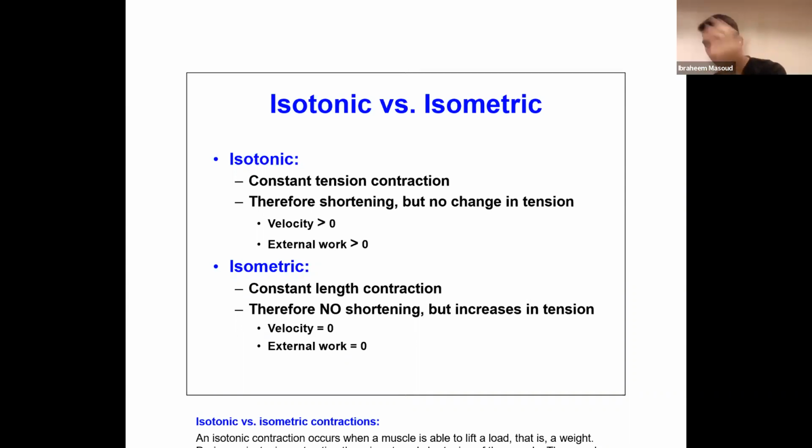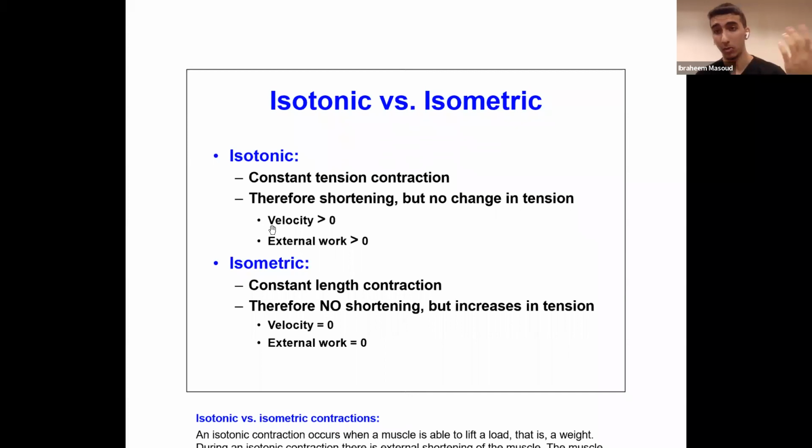In nerdy terms, velocity is more than 0 because I moved my phone. My muscle contraction is the same. And if there's velocity, there's work happening. I move my phone up, this is physics. So there is no increase in contraction, but there is contraction, just the same contraction. I move my phone up and down.